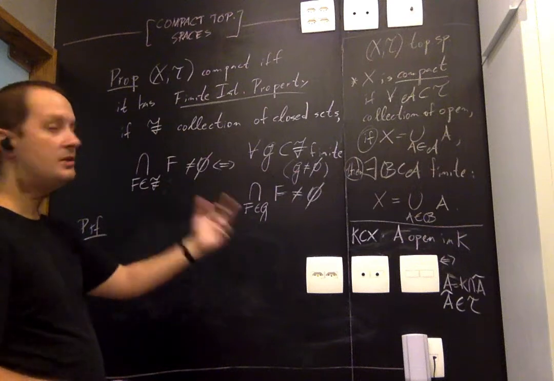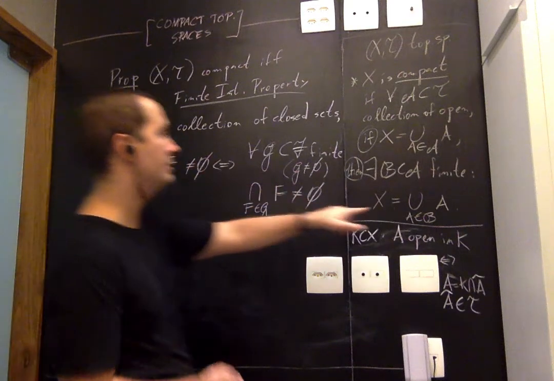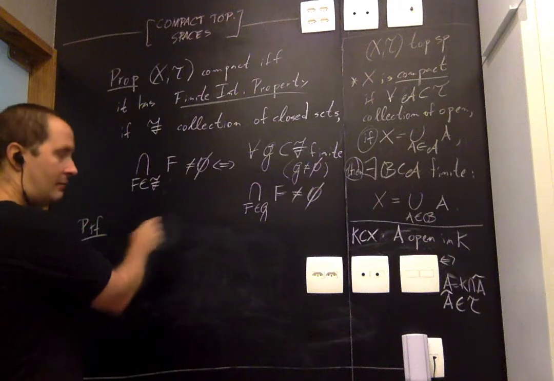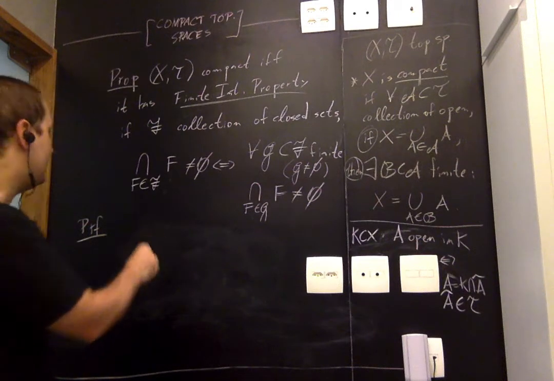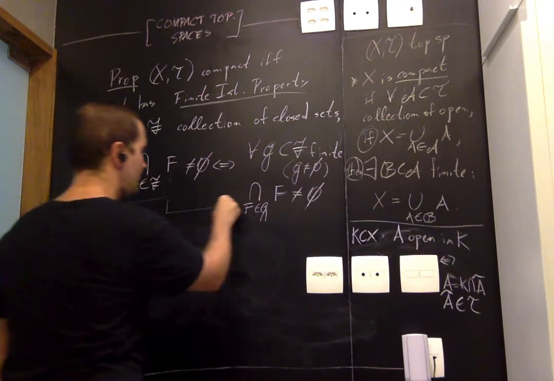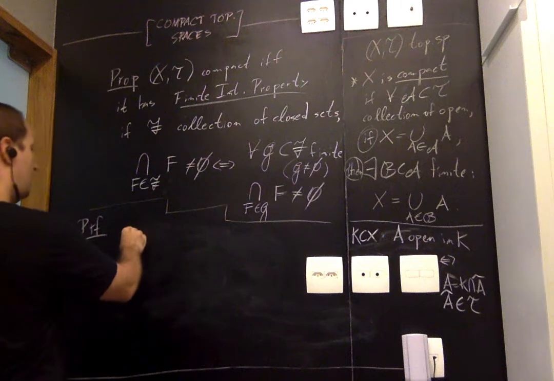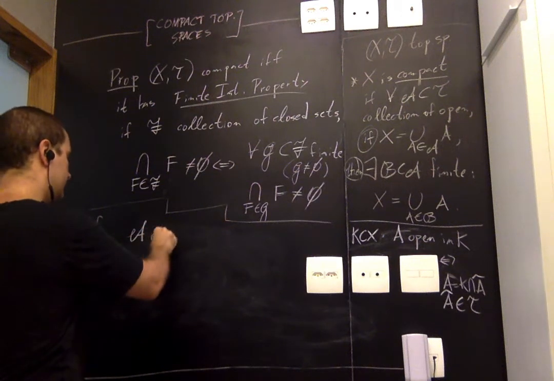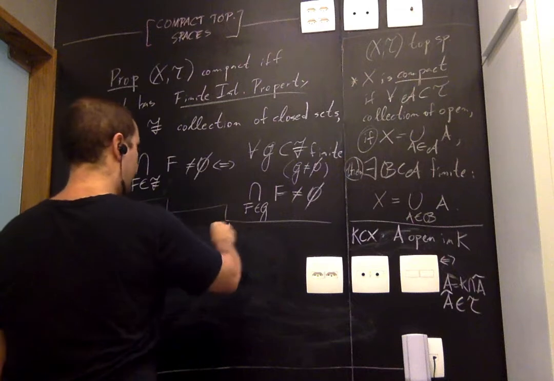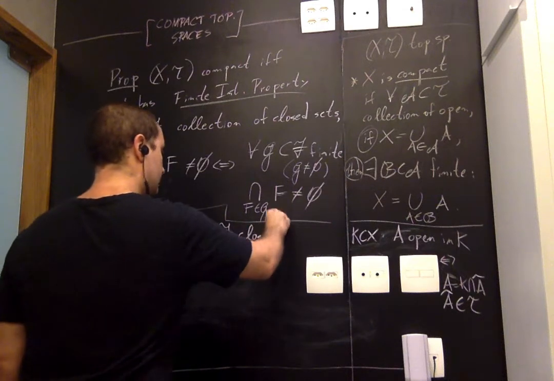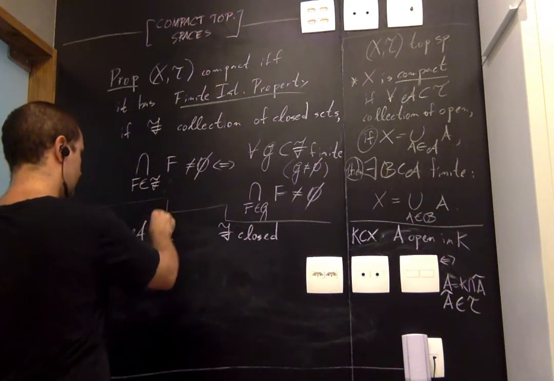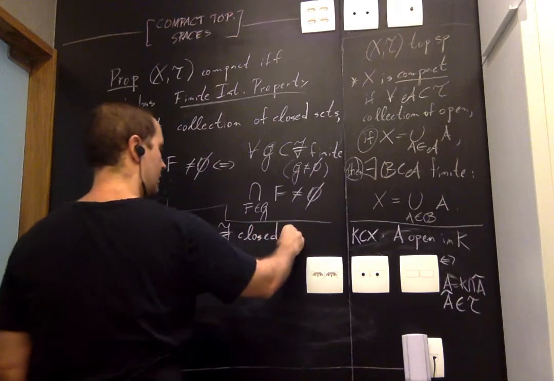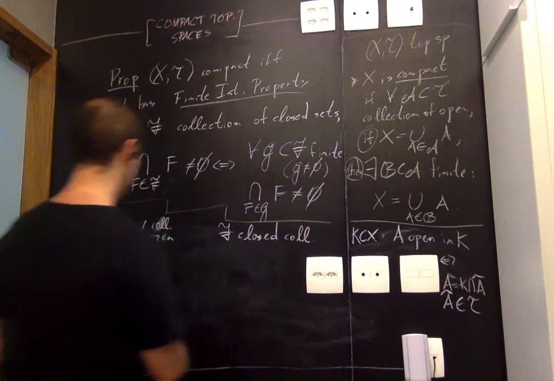The complement of an intersection is a union. Therefore, we can see that there's some sort of relationship between these two things. And basically what I'm going to do in the proof is just write down this relationship, and then everything should be clear. How do I make a correspondence between collections of open sets and collections of closed sets?